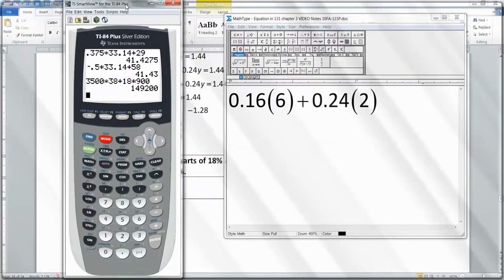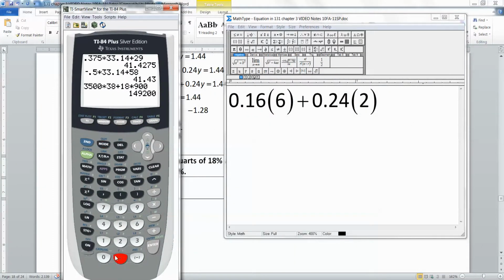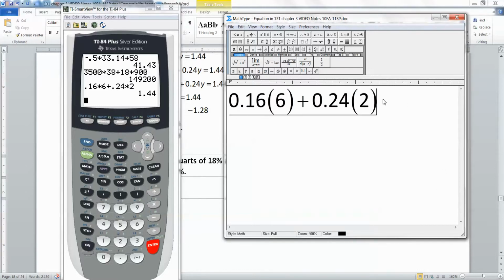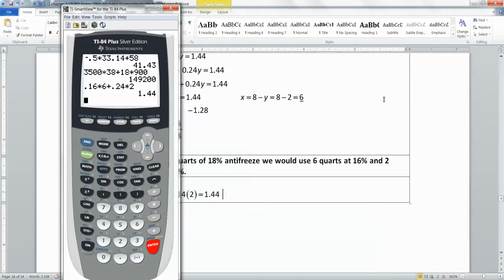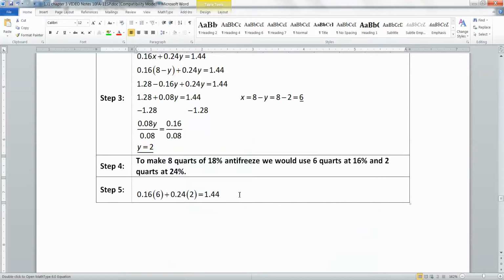And just double check myself. 0.16 times 6 plus 0.24 times 2. Sure enough, that's 1.44. So our results appear to check out and make sense.